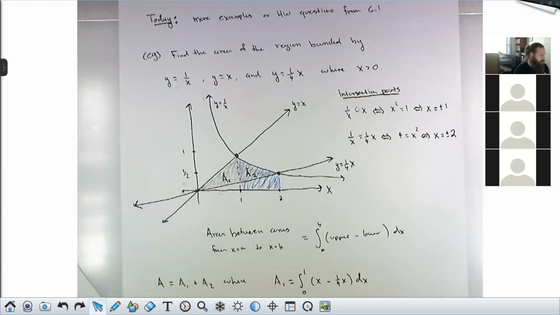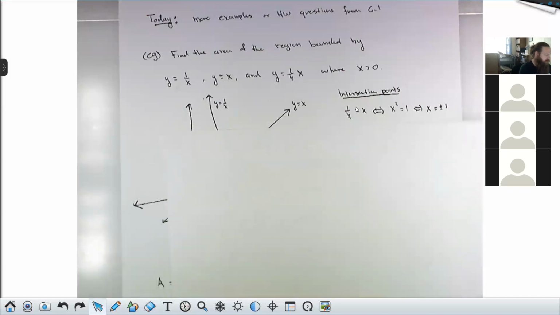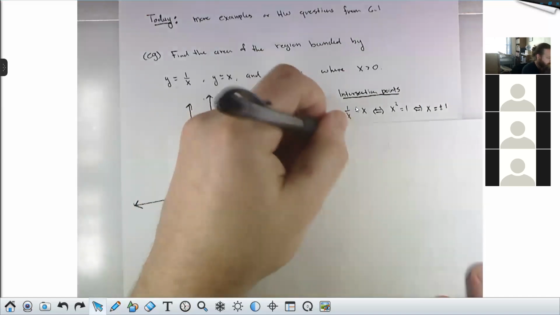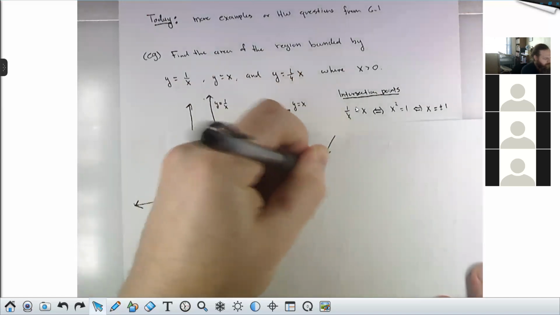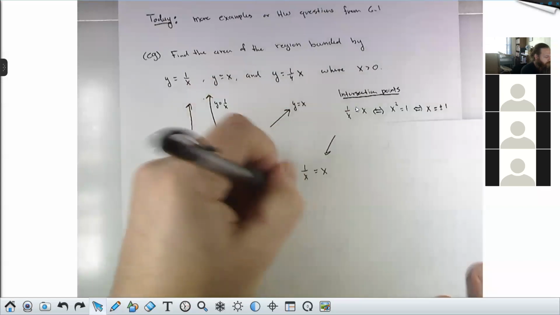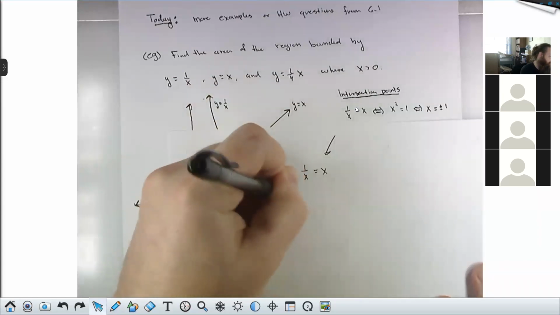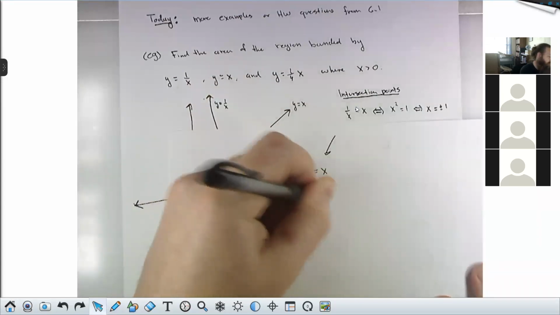Well, so we just need to solve. All right, we want to look more closely at this. If you have 1 over x equals x, you can multiply both sides by x, and you get 1 equals x squared.